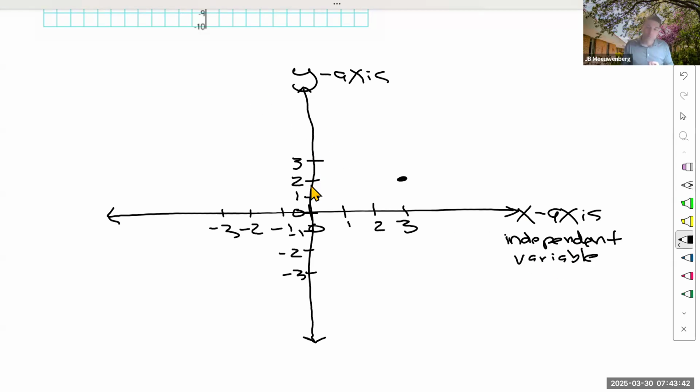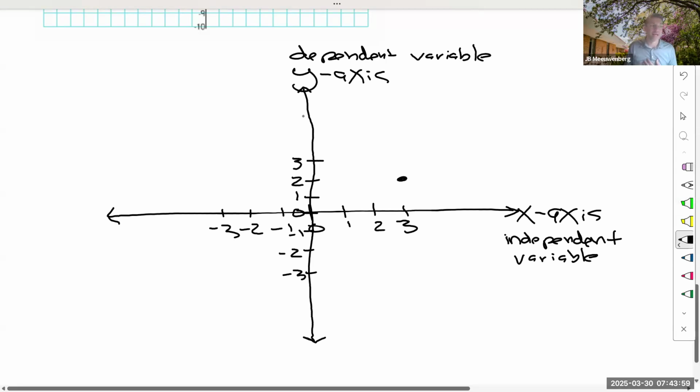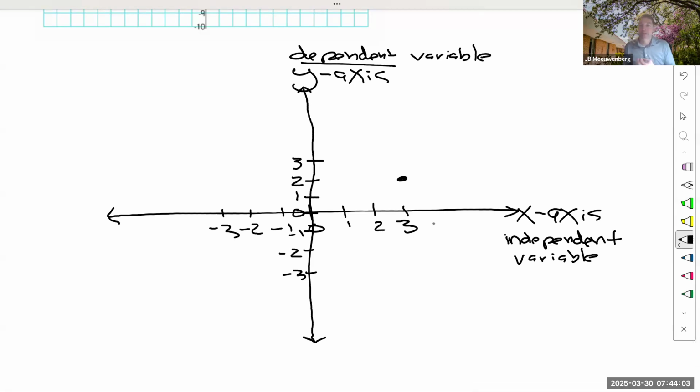The y-axis, the numbers on the y-axis are the output, and those are the dependent variable. And what that means is the information that's provided to you on the y-axis depends on the information in the x-axis. And we'll look at some examples of that later.